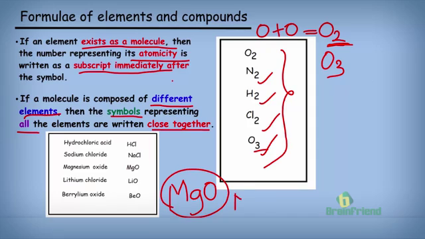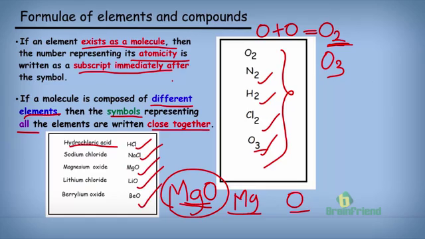If they are written separately, it means we are just writing a magnesium atom and an oxygen atom. But when they are written in this form, we are representing them as a molecule. Other examples are hydrogen chloride, otherwise known as hydrochloric acid, sodium chloride, magnesium oxide, lithium chloride, and beryllium oxide.